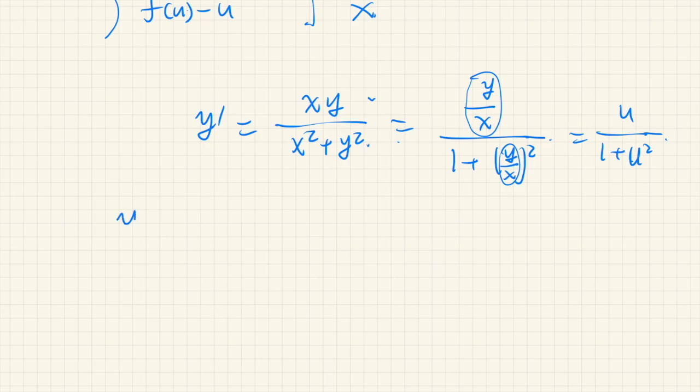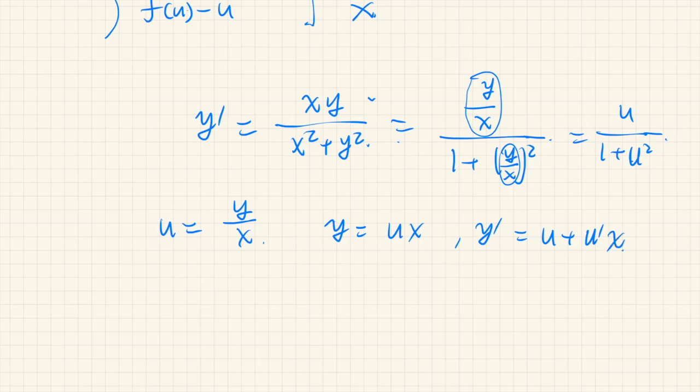So as we explained before, let's put u equal to y over x. Then we have y equal to ux, and y prime is equal to u plus u prime x.